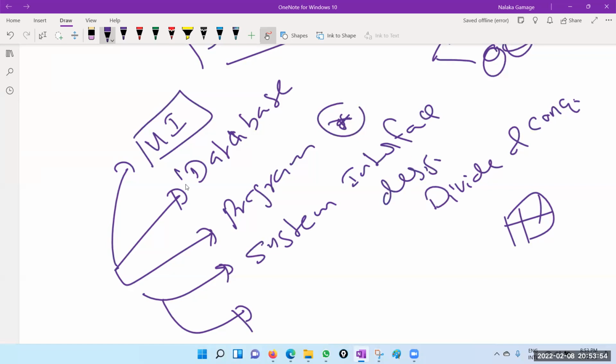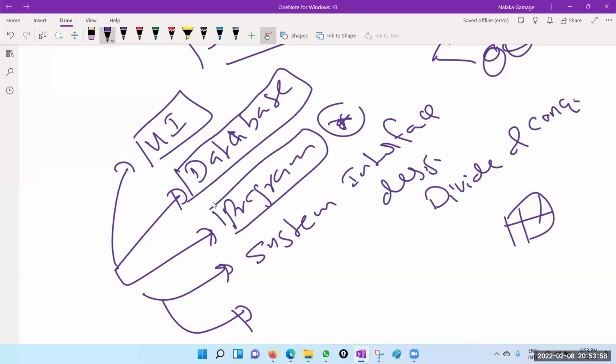For this, we have already covered database design. Program design is what we are going to discuss, continuing with object-oriented SAD, and we did a bit of those things in programming, data structures and algorithms. This is our biggest topic, the program design.